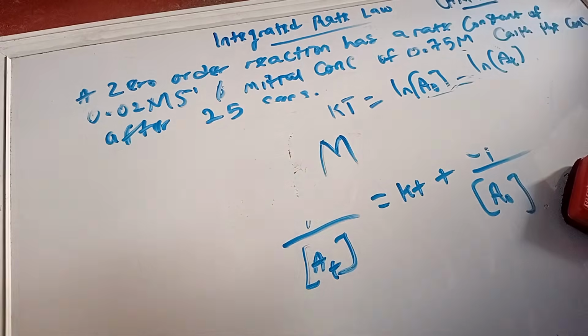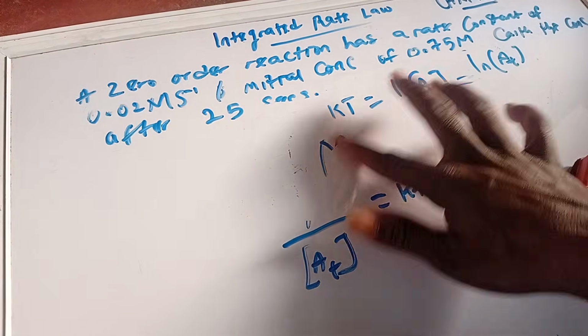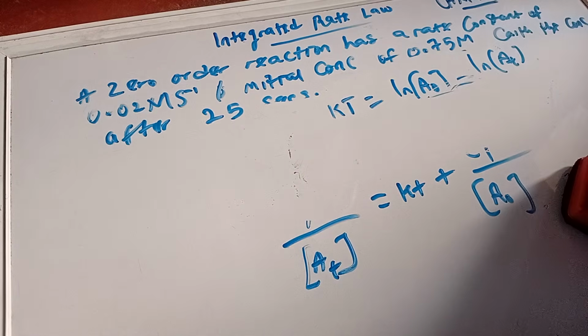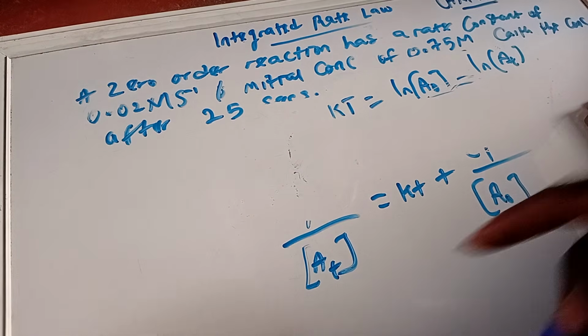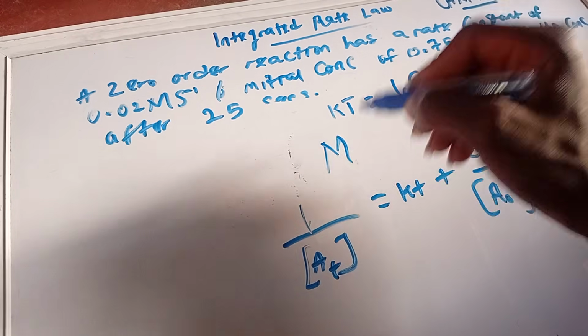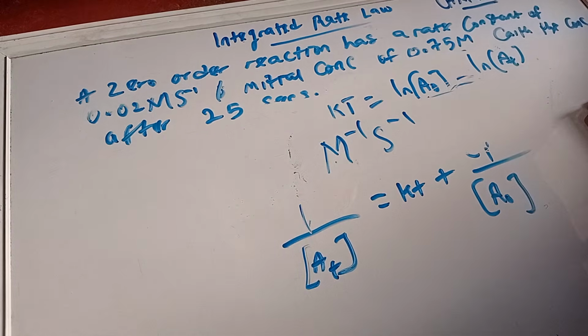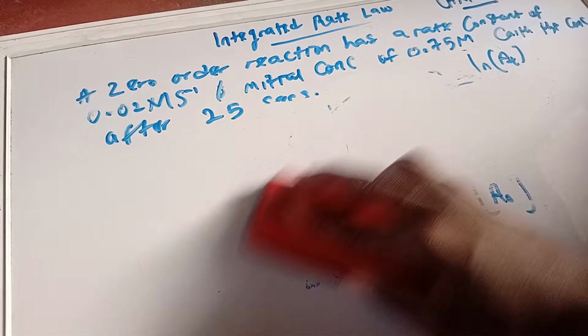So I'll just use the word mole, but you understand what I'm saying. So M per second for zero order. For first order, it is just per second. For second order, you can do it yourself, but it is per M per second. Please take note of those units. They are very important. Don't take them for granted.